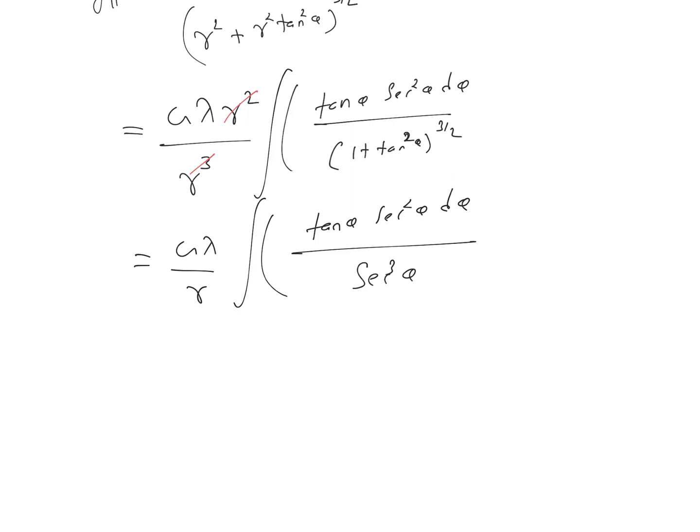So sec square theta over here and sec square theta over here get cancelled. So this is going to be G lambda divided by r into integration of tan theta into 1 by sec theta, which can be written as cos theta d theta.